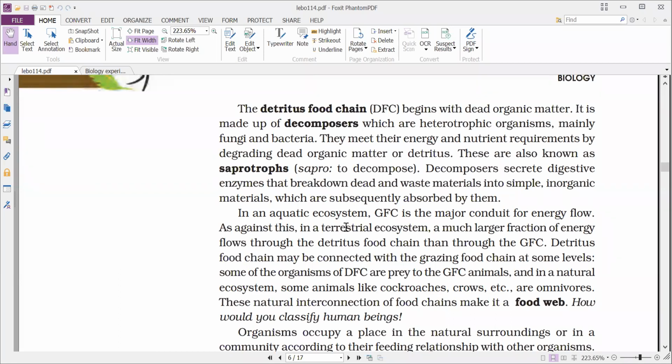This is the food chain which starts with heterotrophic organisms, that is, it starts with decomposers like fungi and bacteria. They meet their energy and nutrient requirements by degrading the dead organic matter or detritus. These are also known as saprotrophs.